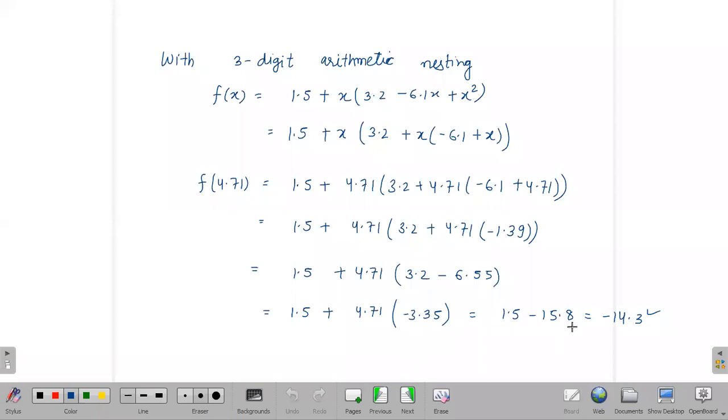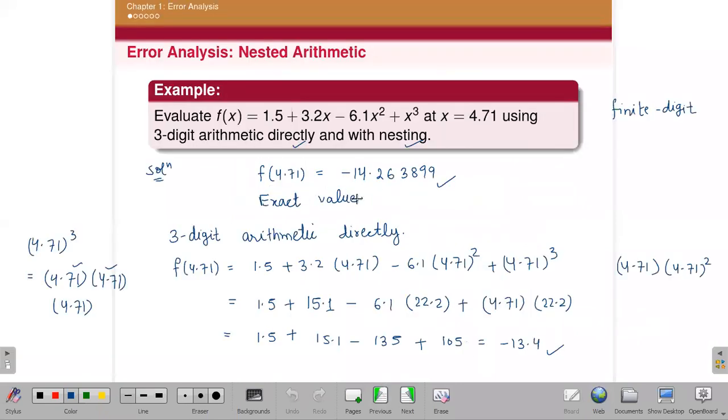Here you can compare this approximate value with this exact value. It is minus 14.3. If I round it up, it will be minus 14.3, and you can see this approximate value also.